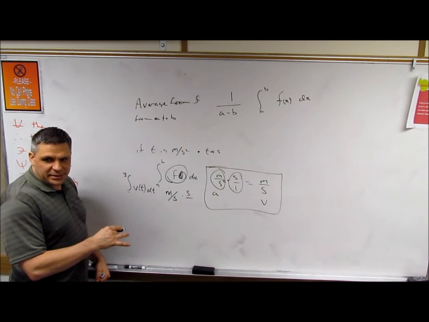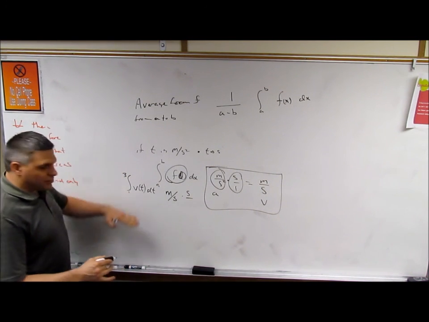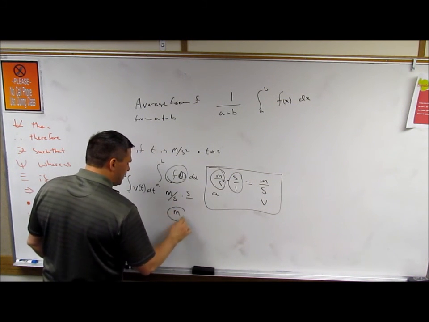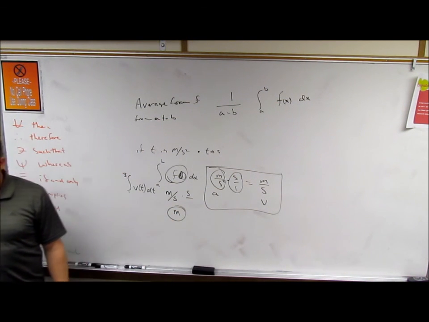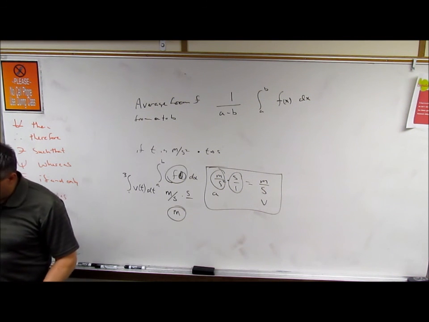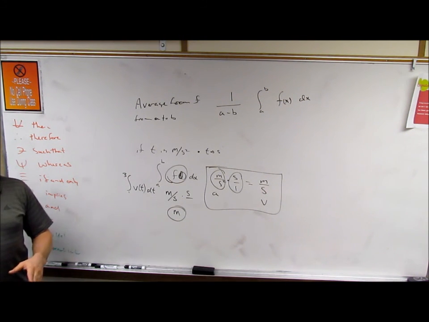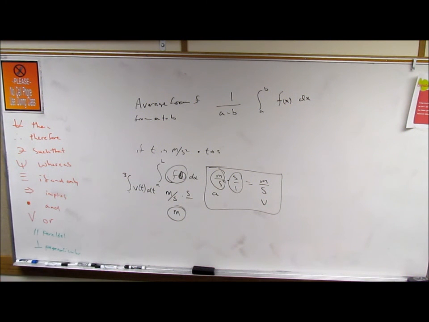So what happens when we take the integral of velocity, what are we left with? We're just left with the meters. So the only thing that we're left with there is the distance. Okay? So that's where we're going with this.